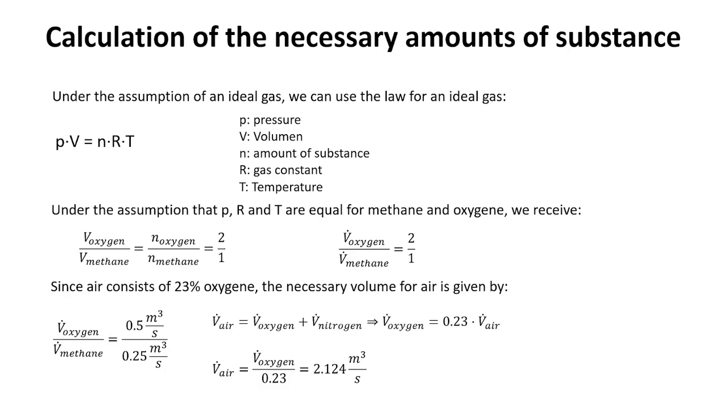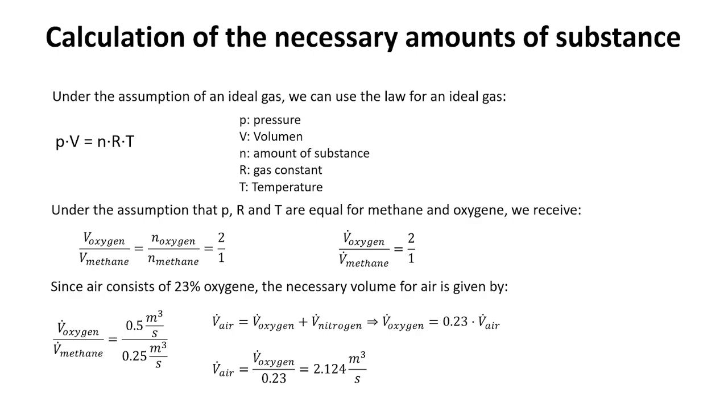And so the necessary volume for air is given by some formulas. The first formula is that we must take a look at the proportion. We said that the proportion must be 2 divided by 1, or 0.5 divided by 0.2. And then we can say that the volume flow of the air is the sum of the volume flow of oxygen and the volume flow of nitrogen.